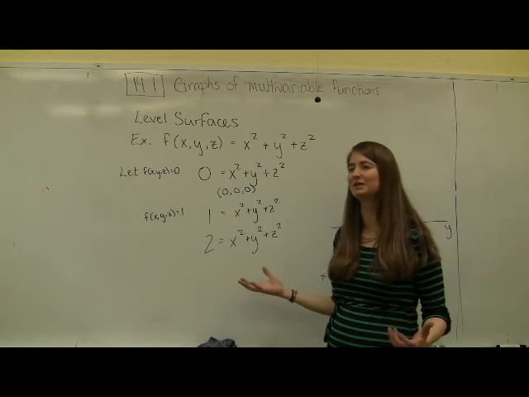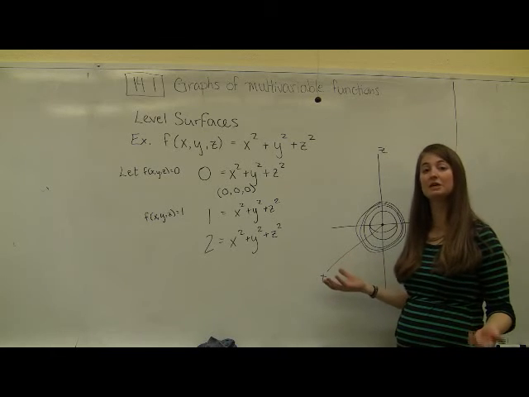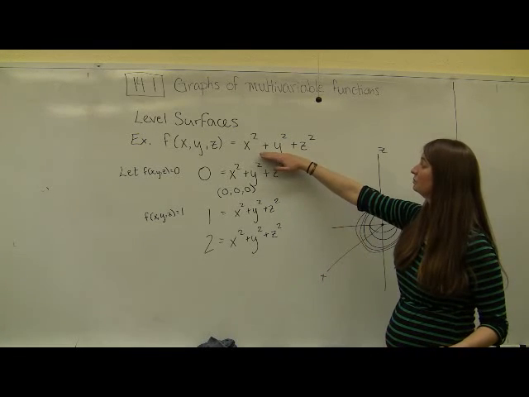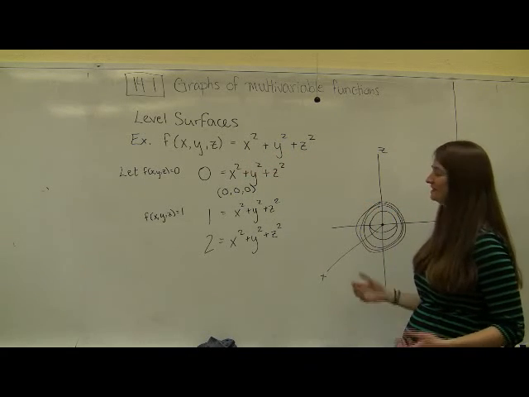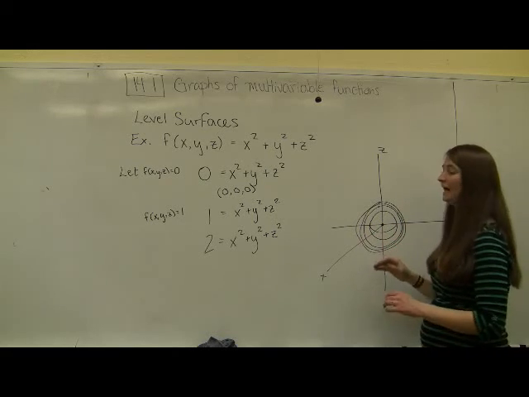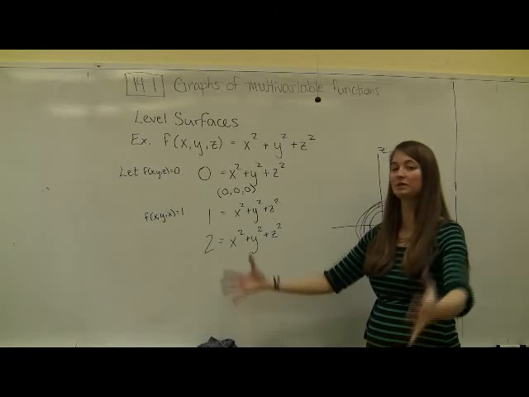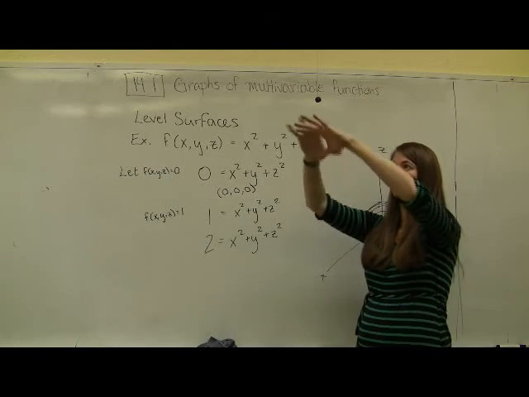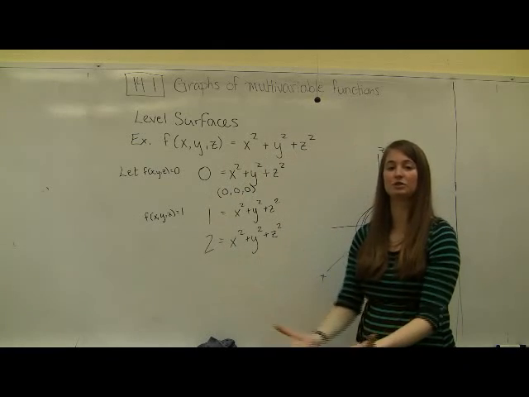One way to think about what this is actually describing would be something like a temperature function. So let's say I'm in a room, and the temperature of the room is given by this function x squared plus y squared plus z squared. This isn't a very realistic example, but it's something that could be talked about. And it means that in spherical shapes within this room, all of the temperatures at that spherical shape are exactly equal to one another.